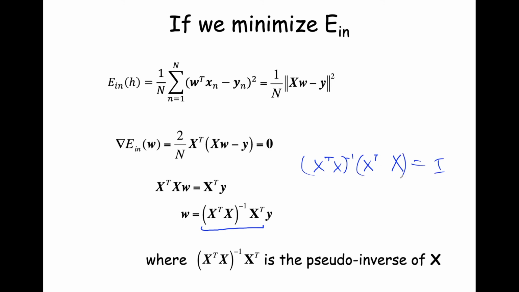Because I group this multiplication together: I have X transpose X inverse times X transpose X, which goes to identity. It's called the pseudo-inverse because left multiply and right multiply don't produce the same result. Hence, pseudo-inverse. The pseudo-inverse times y is my result for w, the final best hypothesis.